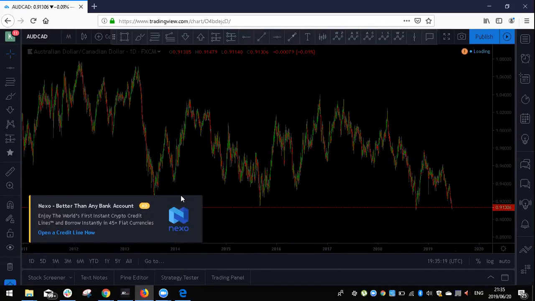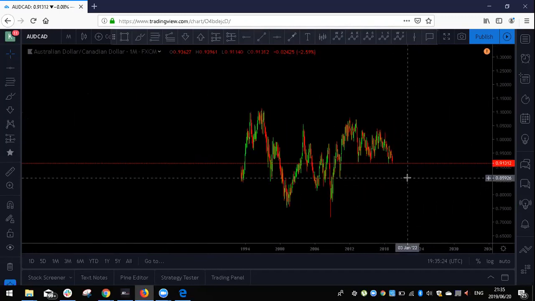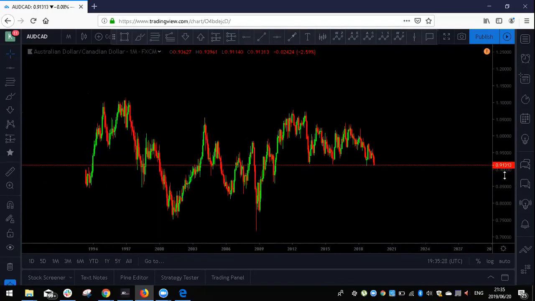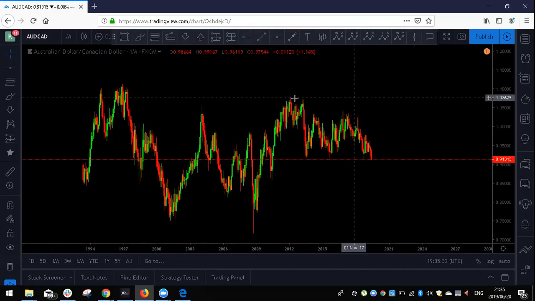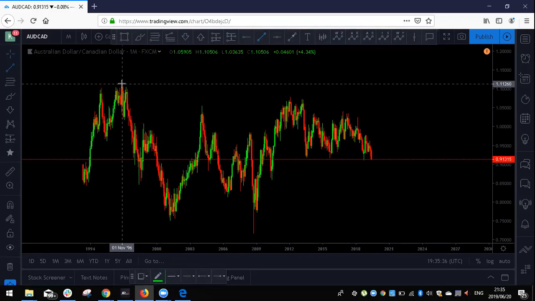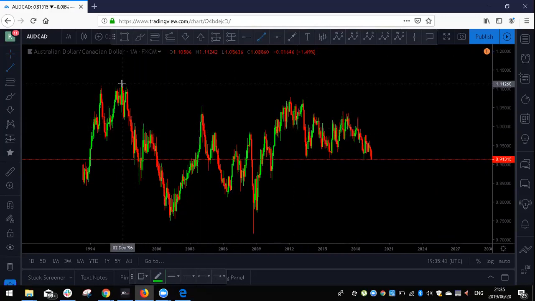Let's go to the monthly. Even though I don't really start drawing my trend line from the monthly, for the sake of this course, let's do it. As someone who uses Elliott Wave, our trend lines are different, but we'll get to that.